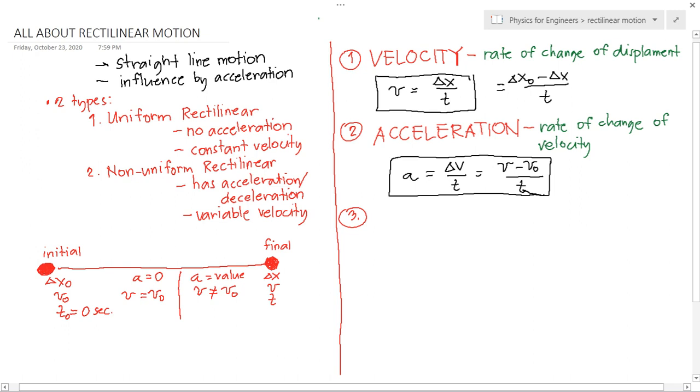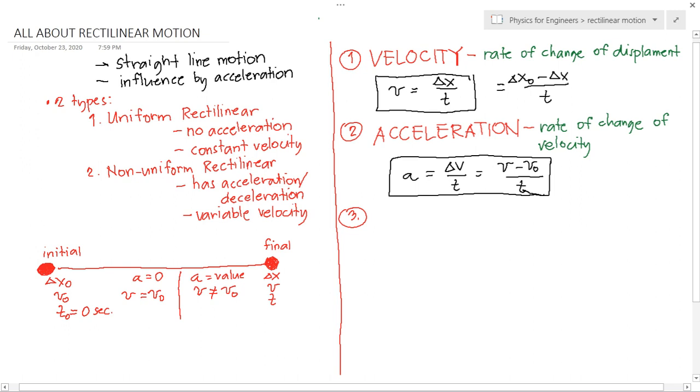Pero yung third formula natin is derived from the concept that the velocity is variable along the journey if it has acceleration. So therefore, we don't have any exact value of the velocity for each position and for each time. So therefore, meron lang tayong standard na we just take the average velocity.